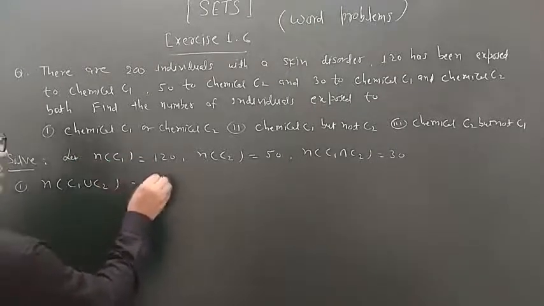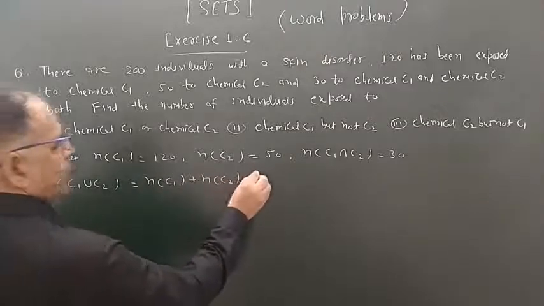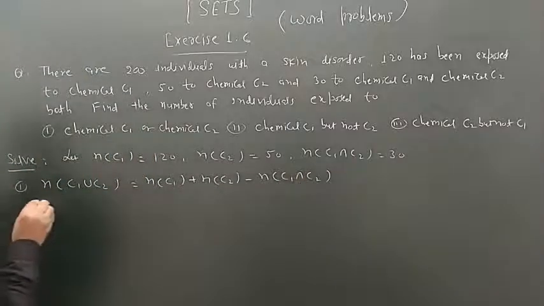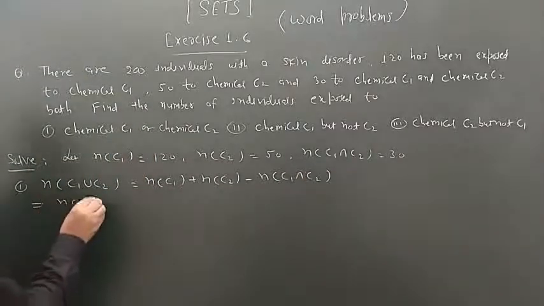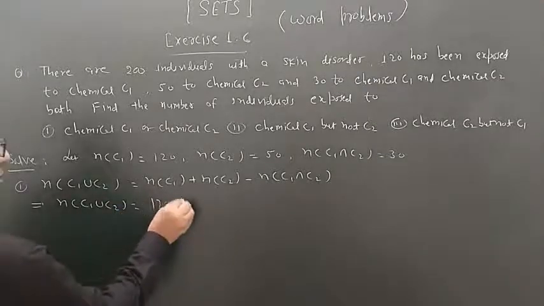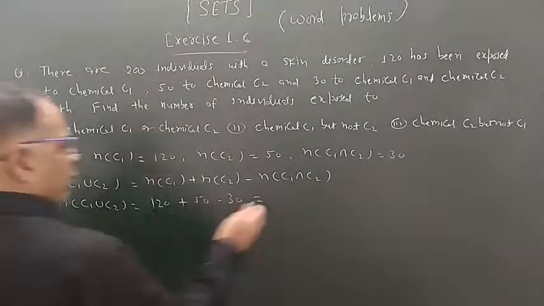The formula is n(C1) plus n(C2) minus n(C1 intersection C2). So n(C1 union C2) is equal to 120 plus 50 minus 30. That means 140.